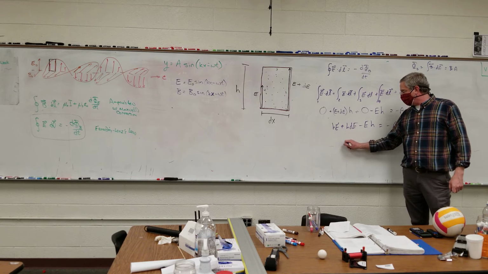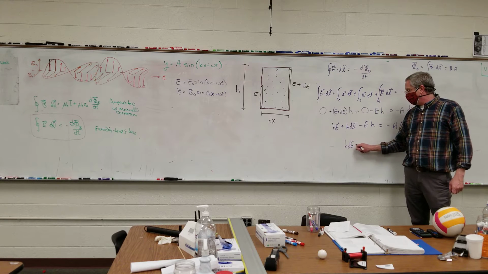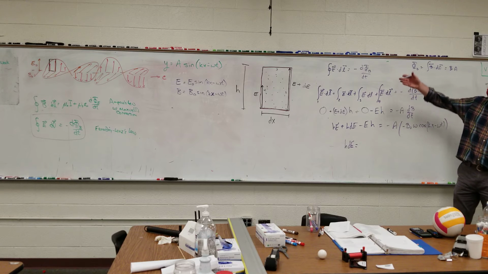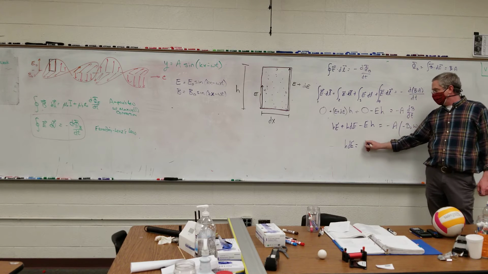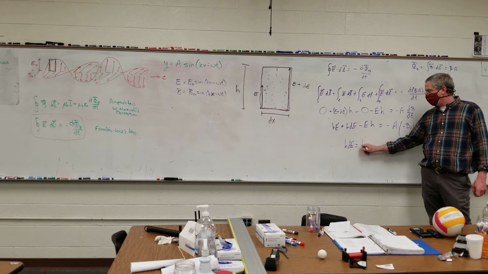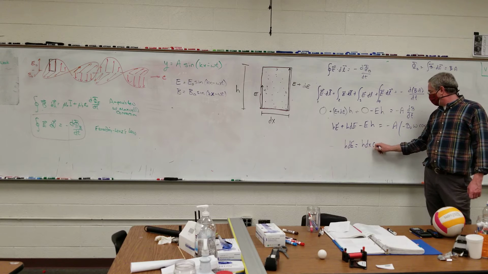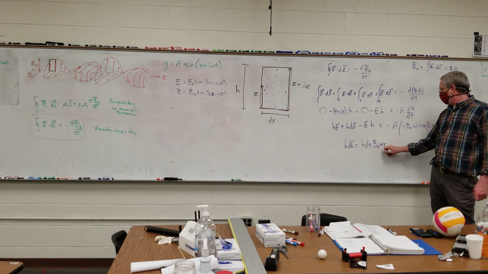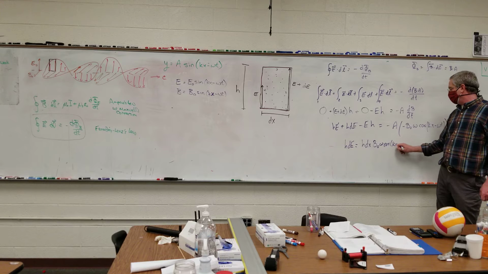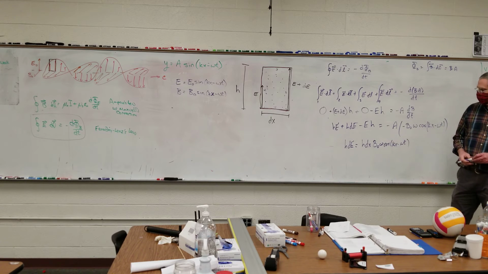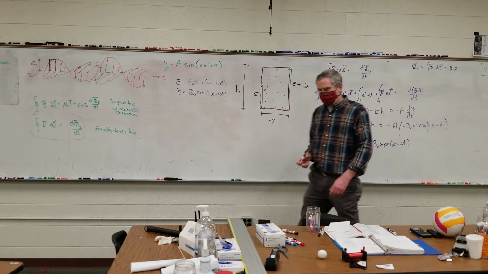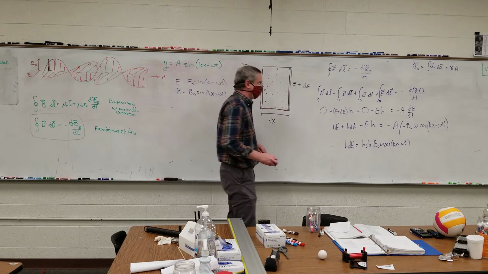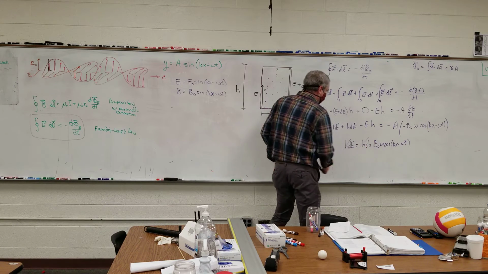All right, so this becomes H dE is equal to my area, or the negatives cancel out, so my area, and what is my area? Yeah, it's not H. Times B naught omega cosine kx minus omega t. My H will cancel out, which is fortunate because I just made up that length H right there, so it's really nice when it goes away and I don't have to worry about it anymore. H goes away.